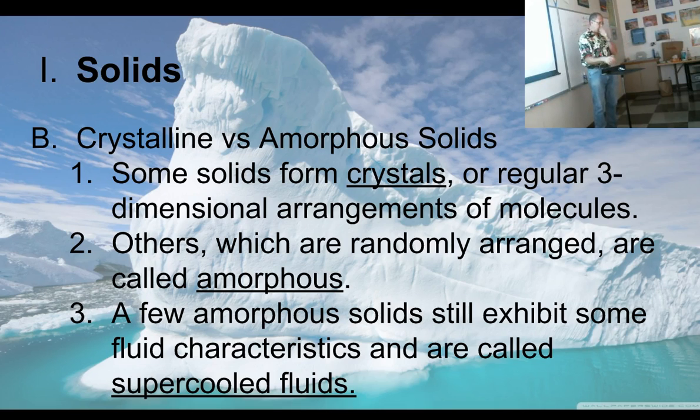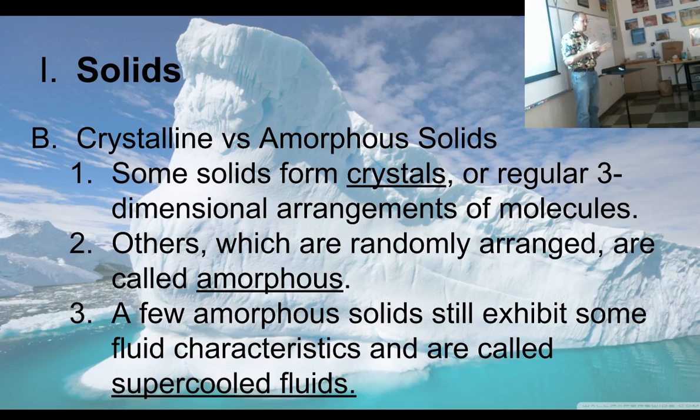Okay, so a couple of amorphous solids still exhibit some fluid characteristics, and we call them supercooled fluids. An example of that is glass. Glass is technically still a liquid even though it's in the window. Because if you let a window sit there for hundreds of years, it will sag and pool at the bottom.